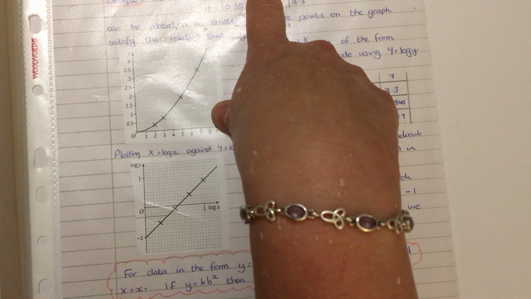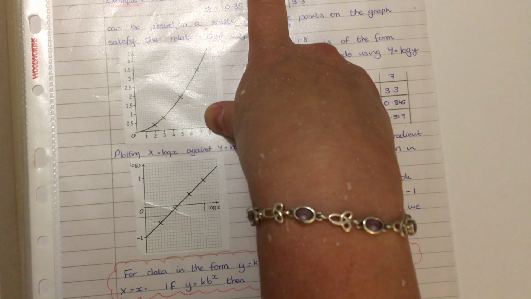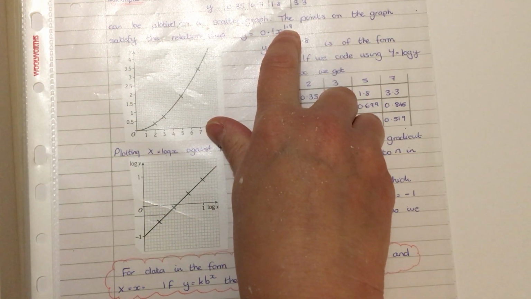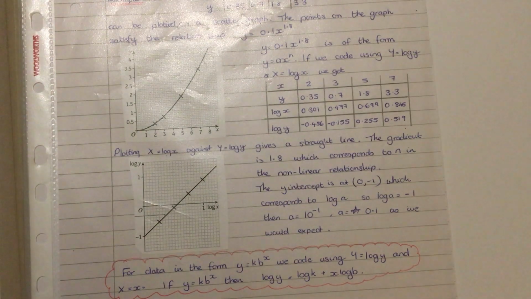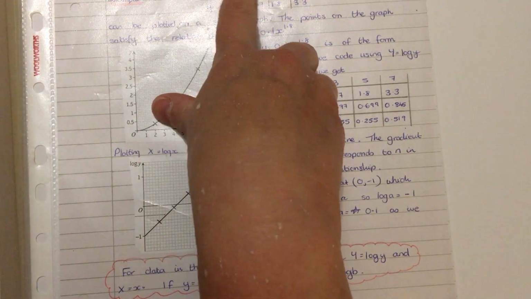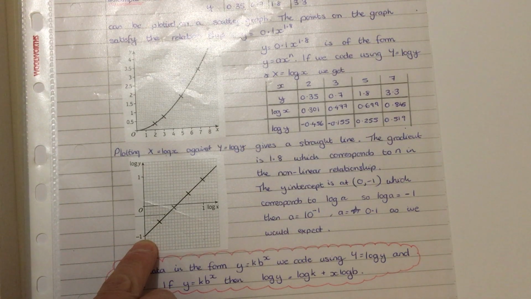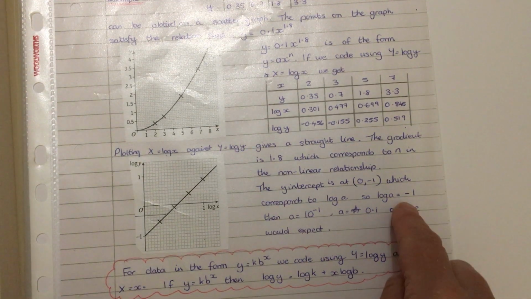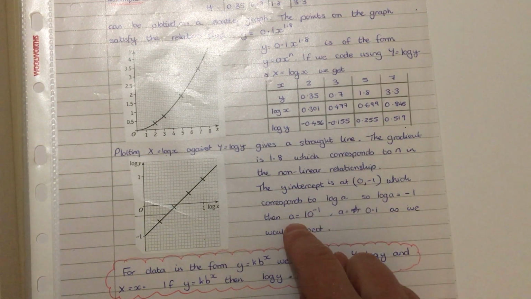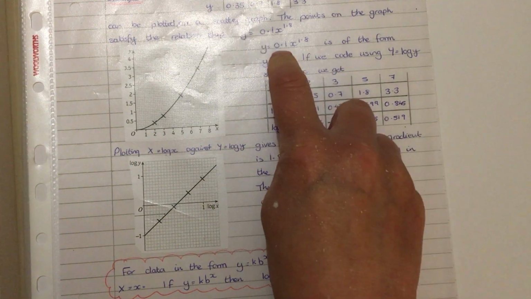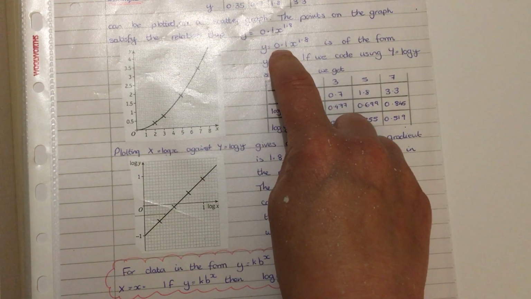So the gradient is 1.8, which means n is 1.8, and n is the power, which is exactly what we've got here, 1.8. If we look at the y-intercepts, if we go back up here, the y-intercept would be log a. The y-intercept here is -1, so log a is -1. If we inverse log both sides, write them both as powers of 10, we get a equals 10 to the -1, so a equals 0.1, which is exactly what we've got here, so what we would expect.